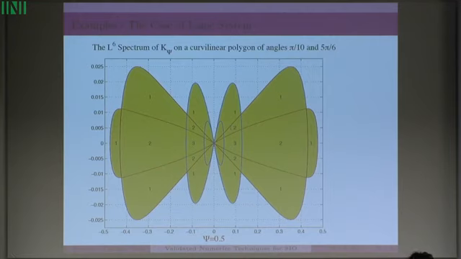Now the picture changes in the following sense. I have two pairs of curves, the longer ones coming from pi over 10, then the blue ones from 5 pi over 6. And now the spectrum consists of everything enclosed by these curves. And we can actually pinpoint the Fredholm index in various regions determined by these curves.